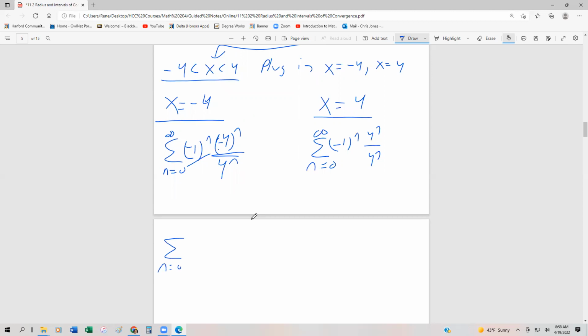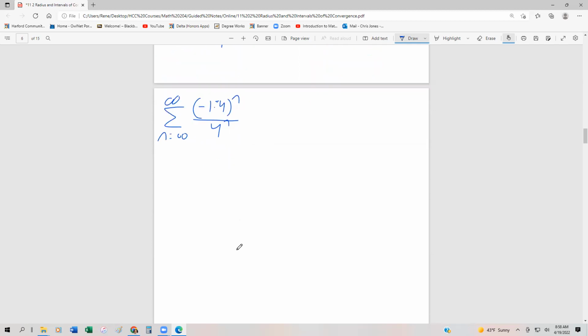Just to make sure that we're okay with the algebra, this becomes -1 times 4, or -4 to the n. I just multiplied what's inside of the nth powers, divided by 4 to the n. Clearly, that just becomes 4 to the n over 4 to the n, which clearly is going to become 1.